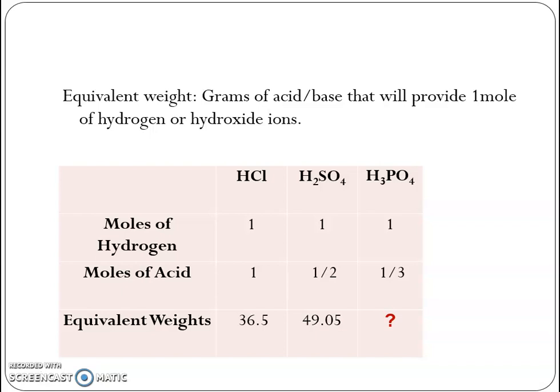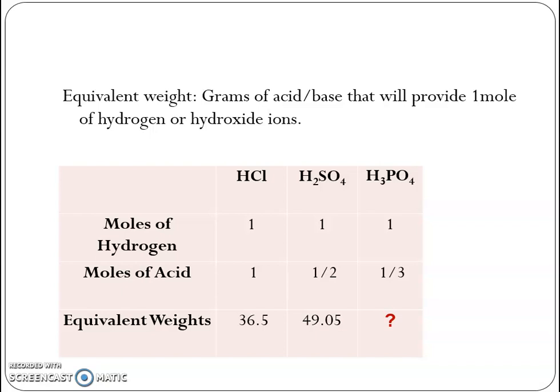In HCl, 1 mole of acid will give 1 mole of hydrogen. In H2SO4, 1 mole of acid contains 2 moles of hydrogen. That is, 2 moles of hydrogen are given by 1 mole of acid. So 1 mole of hydrogen will be given by 1 upon 2, that is half mole of acid.